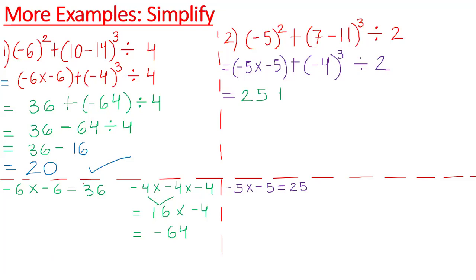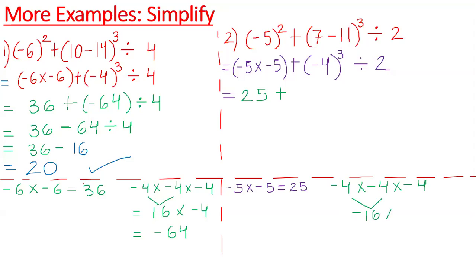It's going to be 25 plus negative 4 times negative 4 times negative 4. So we say negative 4 times negative 4 is what? Negative 16.